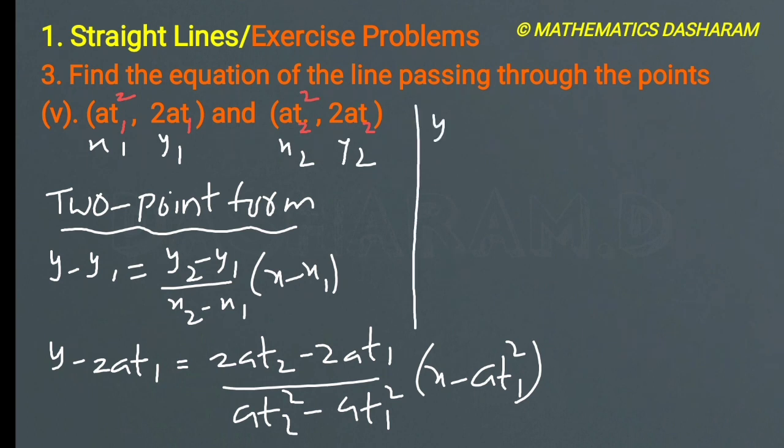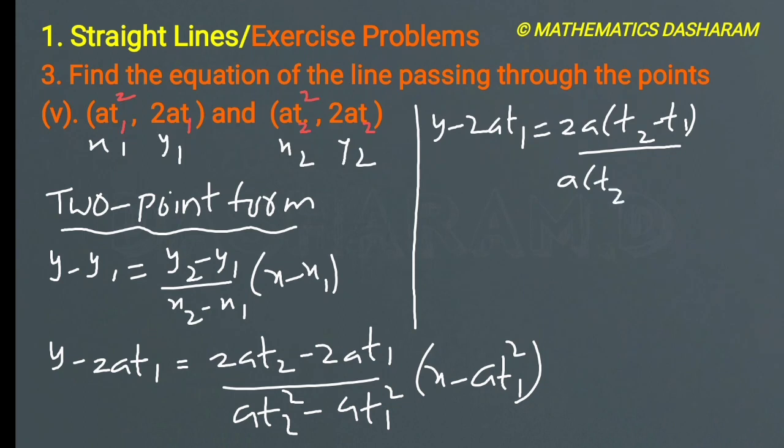So now y minus 2a t1 equals, from the numerator we can take the 2a common, t2 minus t1, divided by, so here we can take the a common and t2 square minus t1 square, bracket of x minus a t1 square.